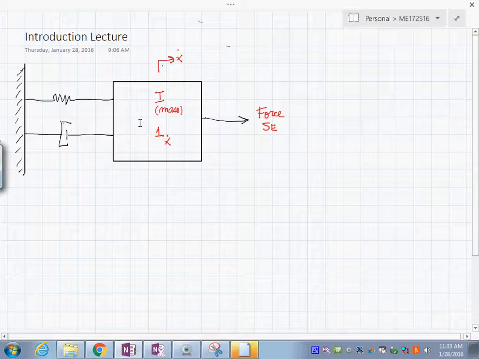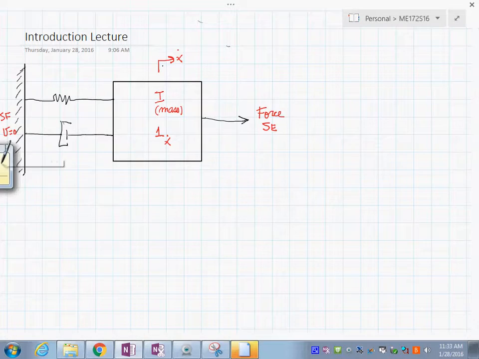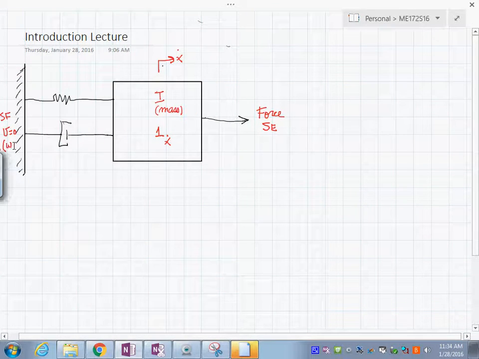Here you have what we're going to call a source of flow, with velocity equals 0. This is the wall that I have here, okay? And this is going to be my C element, which is obviously this spring.